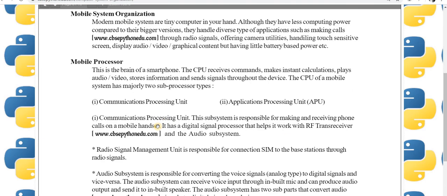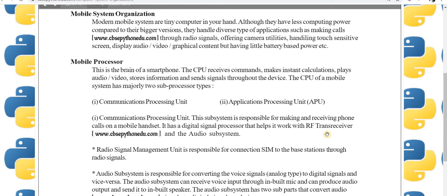Okay, so the communication processing unit, this subsystem is responsible for making and receiving phone calls on a mobile headset, as I said. It has a digital signal processor that helps it work with the RF transceiver and the audio subsystem. It communicates two different types of things.